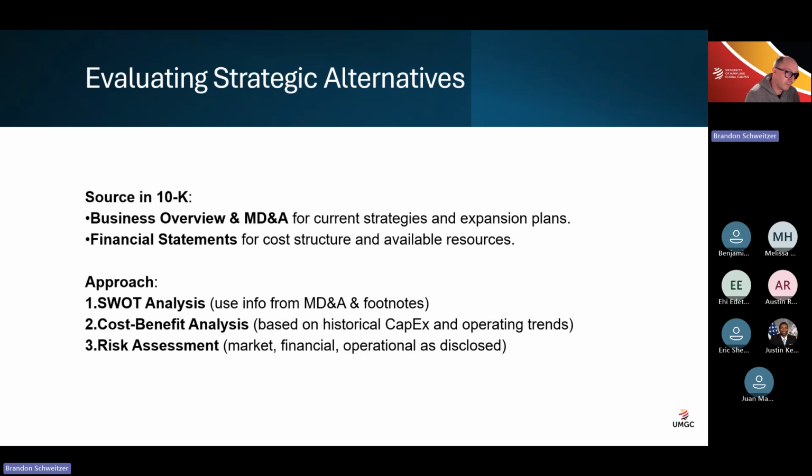Look at the market risk, financial risk, operating risk, anything that's disclosed. Those disclosures are, of course, going to be made in the notes to the financial statements and the management discussion and analysis sections of the 10K report. That'll be extremely helpful for you in looking at these strategic alternatives.